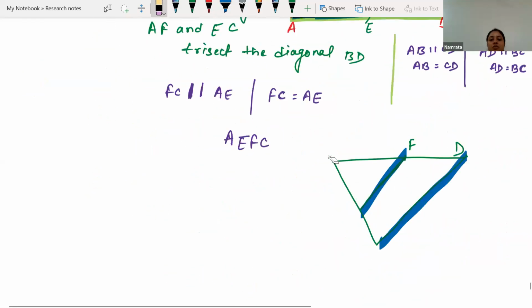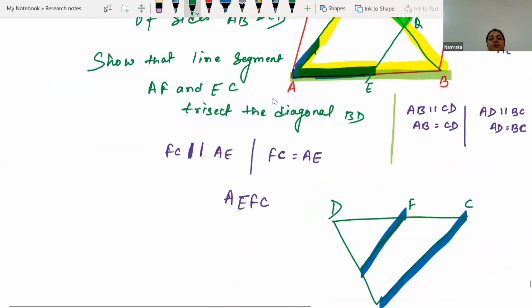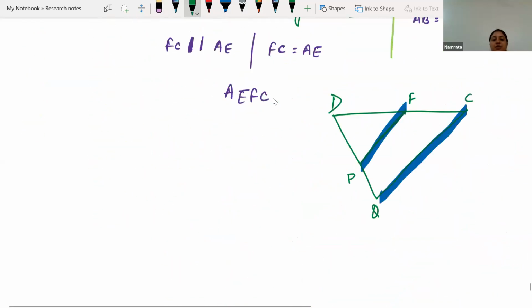CD is just here. Here is C, here is D, and here is Q. So this is FP. If F is the midpoint and FP is parallel to CQ, then P will also be the midpoint of DQ. Yes or no?